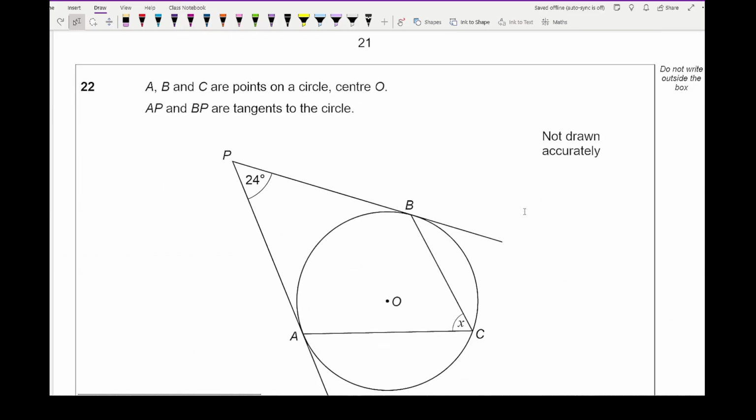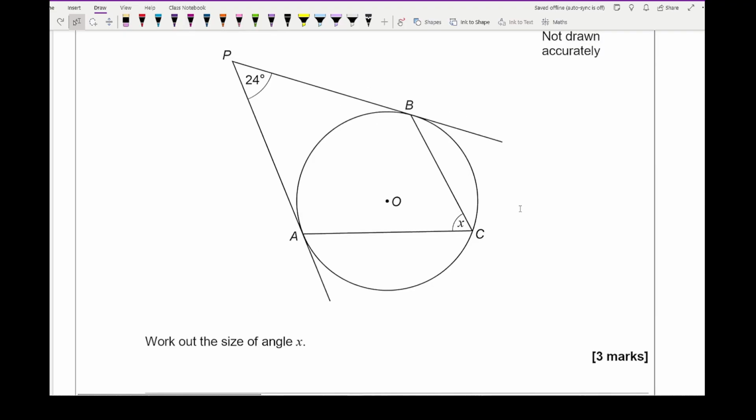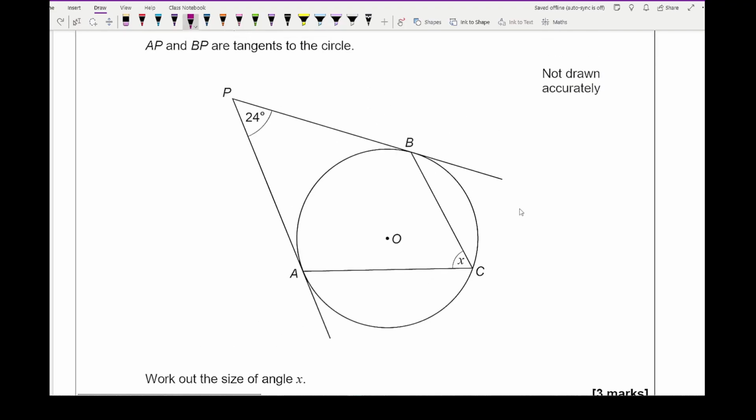Moving on to question 22, it says A, B and C are points on a circle with centre O. AP and BP are tangents to the circle. Work out the size of angle X. So for this, if I draw a line from A to O, those two lines there are the radius of the circle.